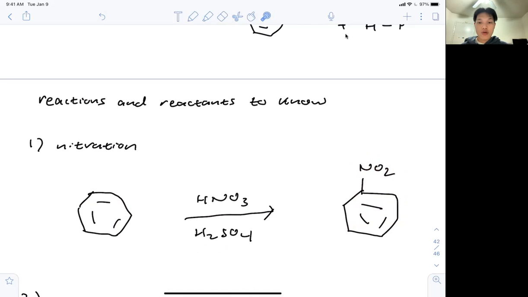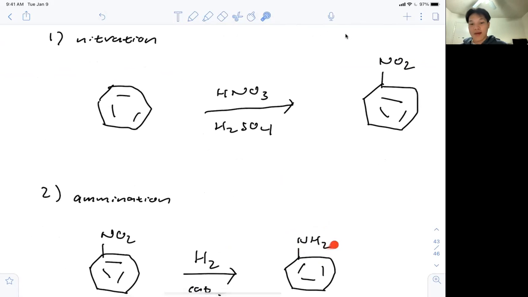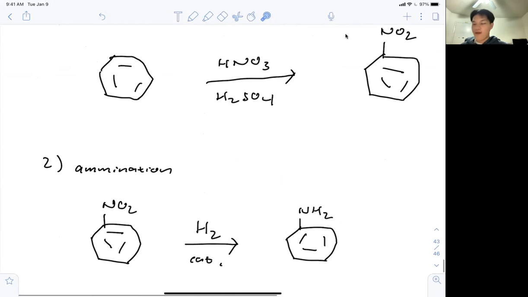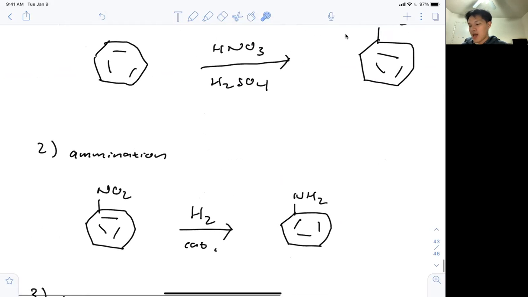Because we have this NO2 group now, we have something called, or I think it's called, amination. I'm not really sure what it's called, but I just think of it as amination because we make an amine here, right? So if we have this NO2 and we react it with H2, you remember hydrogen gas plus a catalyst. This is any catalyst.